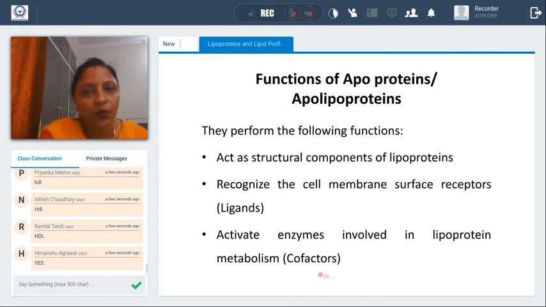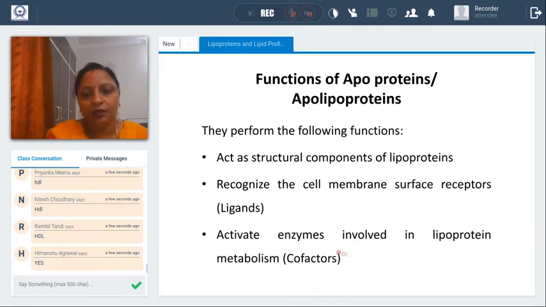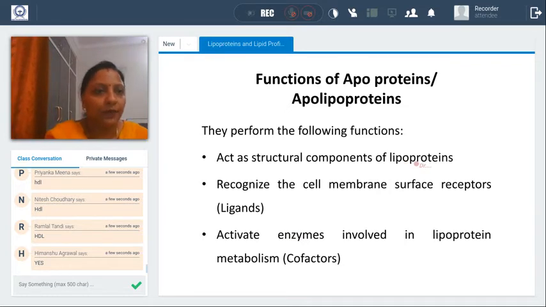What are the functions of apoproteins or apolipoproteins? They perform the following functions. The first important function is to act as structural components of lipoproteins, like ApoA and ApoB, as you saw in previous slides. Another function is to recognize the cell membrane surface receptors, acting as ligands.